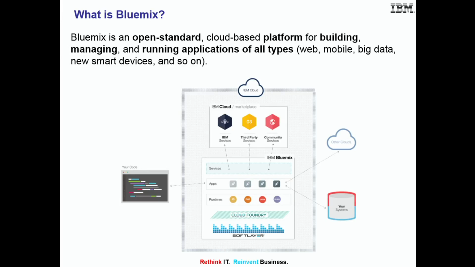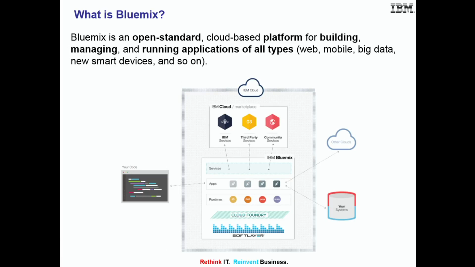So Bluemix is IBM's cloud platform. It's a public cloud. It provides platform as a service kind of services. This means that you will get an operating system plus some infrastructure that supports applications.